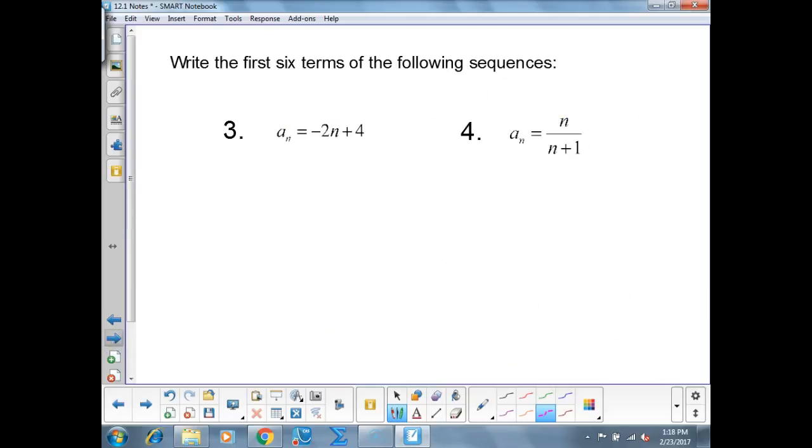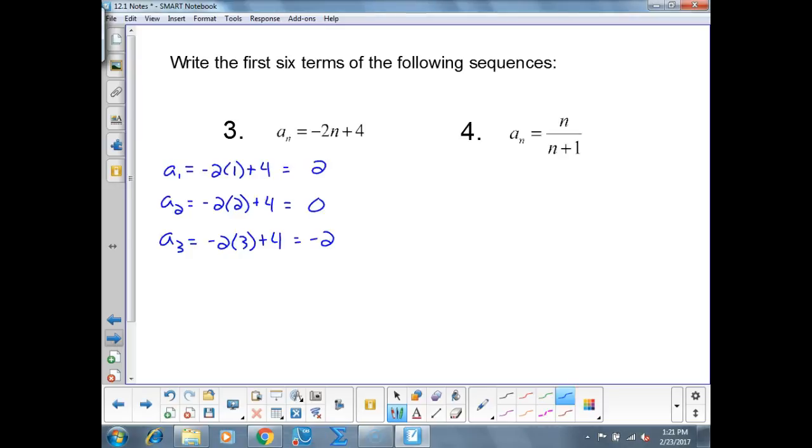Find me the first 6 terms of both of those sequences. You get to feel good inside. So, after the first 3, I kind of see a pattern. It looks like it's subtracting by 2. So if I check this one, it should be negative 4, and it is. So if I see that pattern all the way through, then you could just go right to the fact that this next one is negative 6.